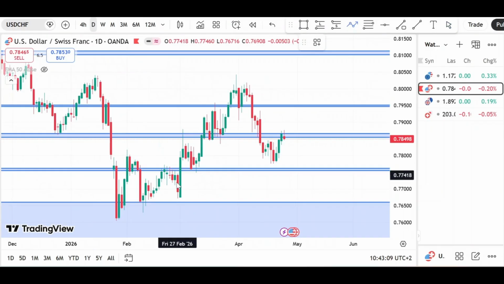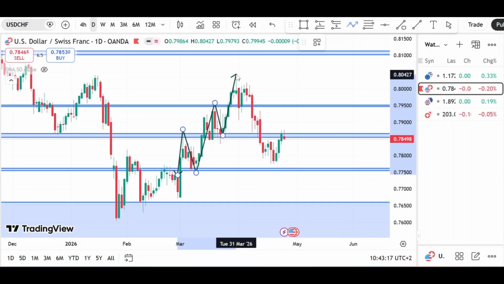Initially we have been in an uptrend, higher high, higher low, higher high, higher low, and then here we see the reversal of a double top. Okay, break of structure, and even the sellers were strong enough to break the structure of the daily level.